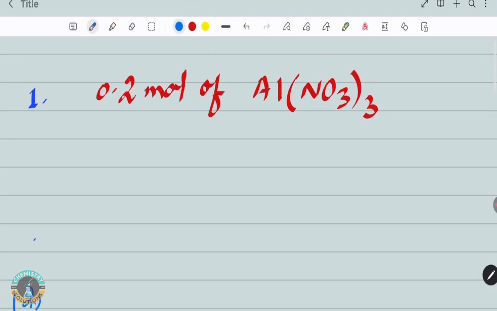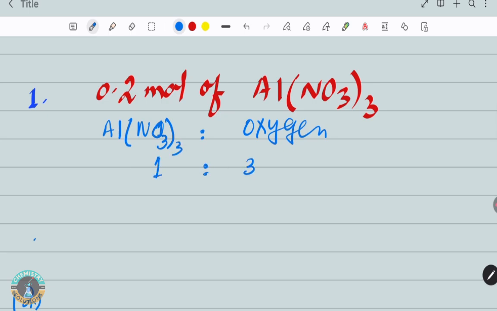Look at this, 0.2 mole of aluminum nitrate. I will tell you which method we will apply. First of all, we check how many oxygen atoms there are in 1 mole. In Al(NO3)3, 3 threes are 9 atoms of oxygen.